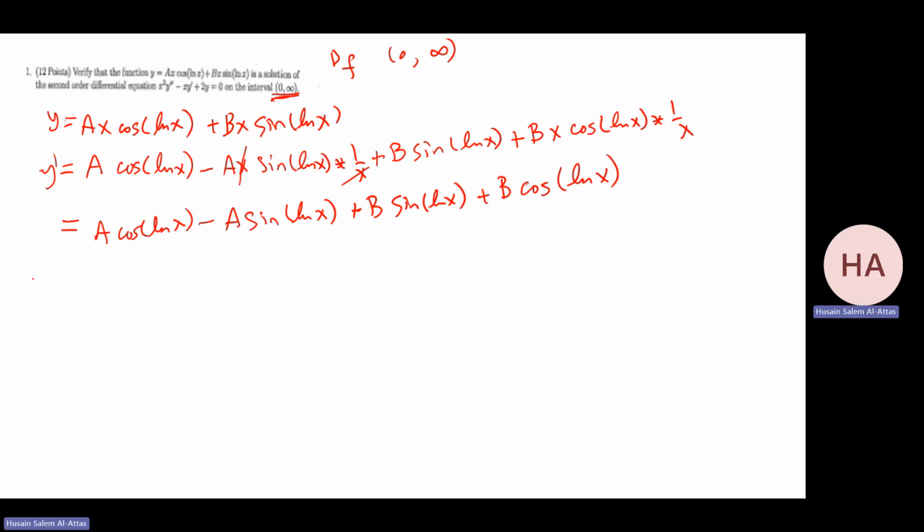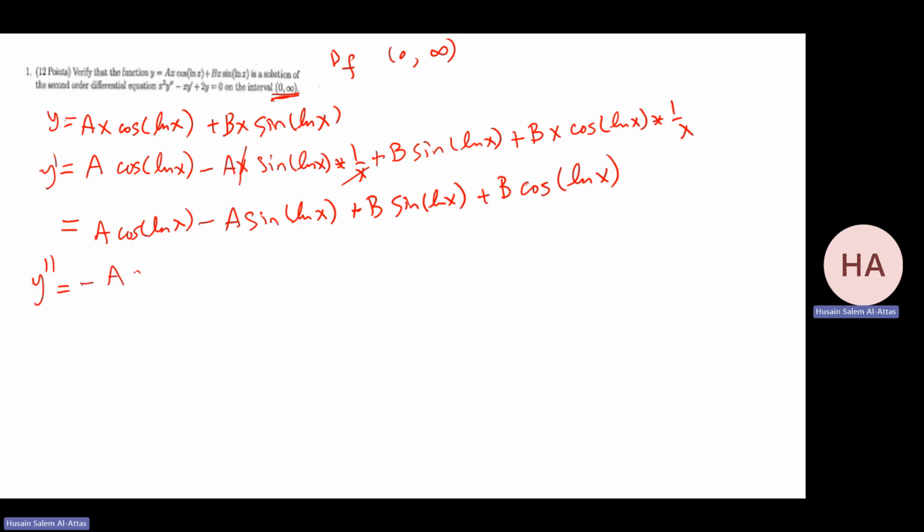Okay. Y double prime will be what? I'm missing something somewhere. Am I missing anything? This is a cosine ln x minus ax sine ln x, derivative of ln x, which is 1 over x. Yeah, correct. Okay, y double prime will be what?